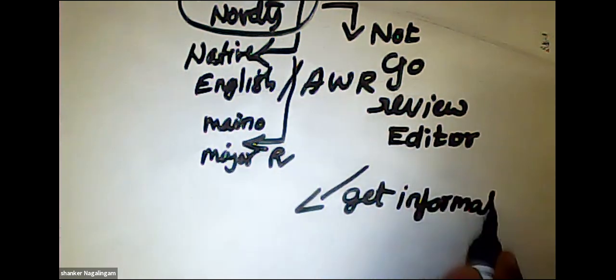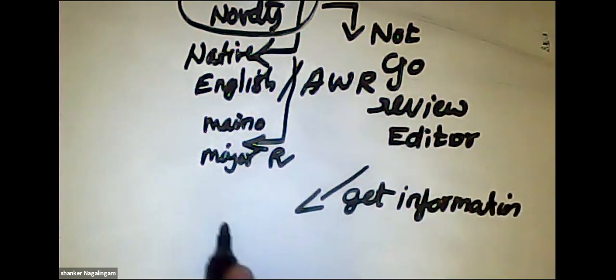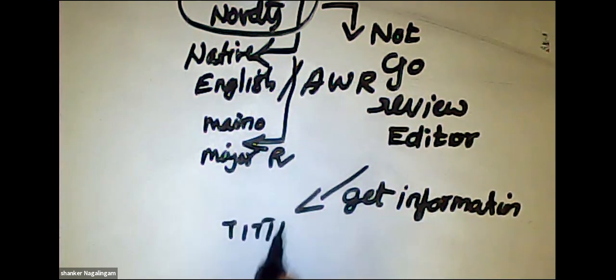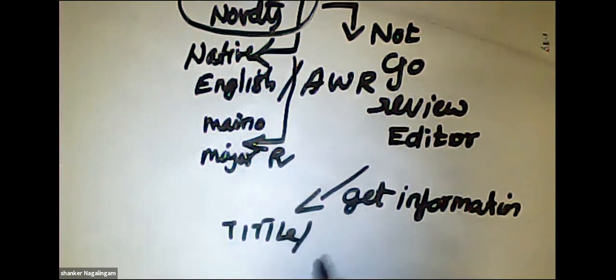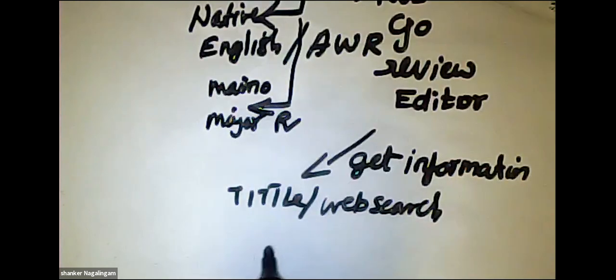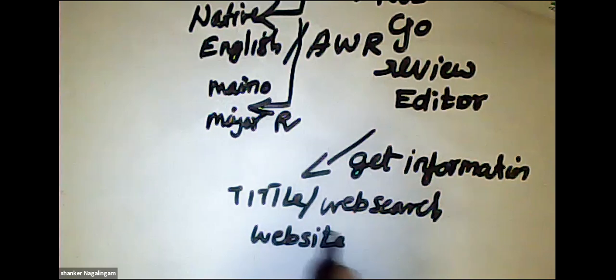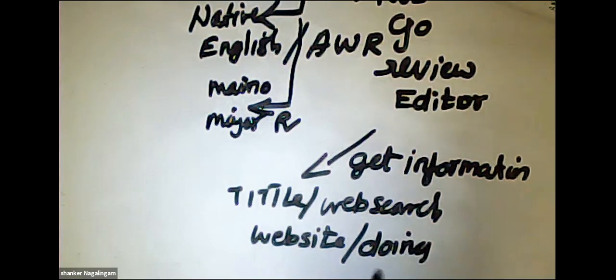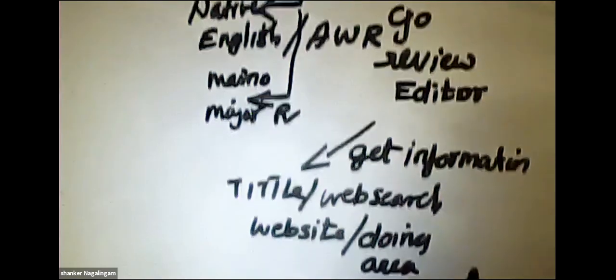Information about the novelty is through the title and through web research. He will immediately search for the particular title on the website to see how many people are working in this particular area, or the particular problem you are focusing on.